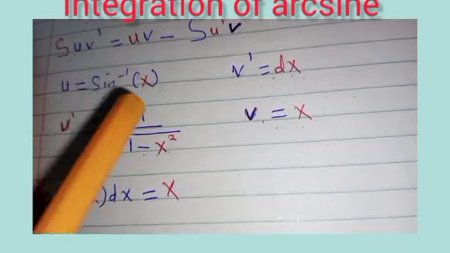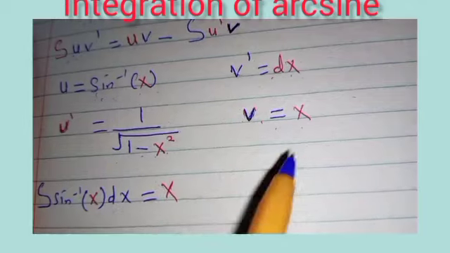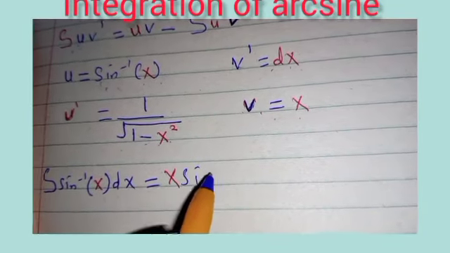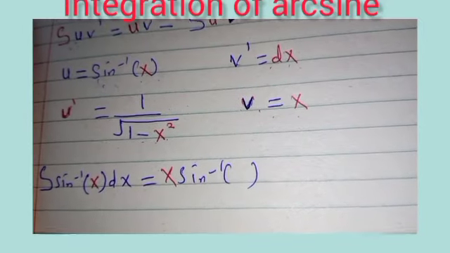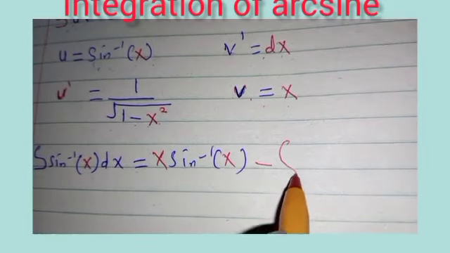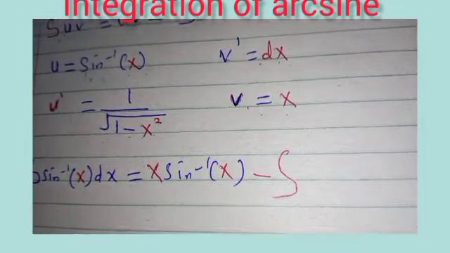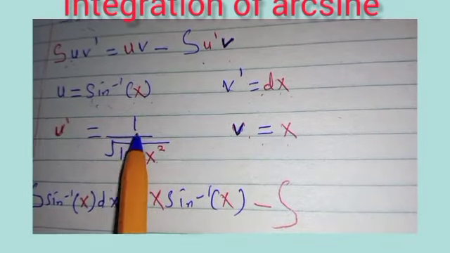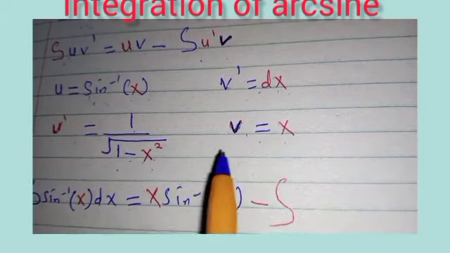Our v is x, then our u is sine inverse of x, then minus the integral of, the formula gives you v prime, u prime, which is 1 over the square root of 1 minus x squared.